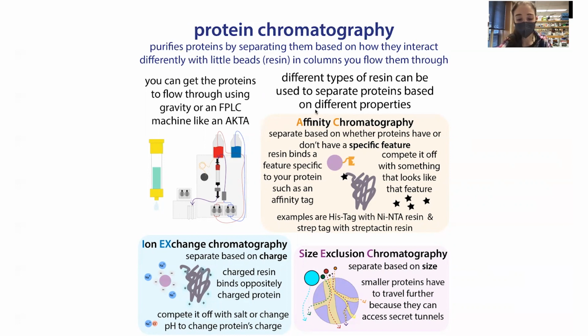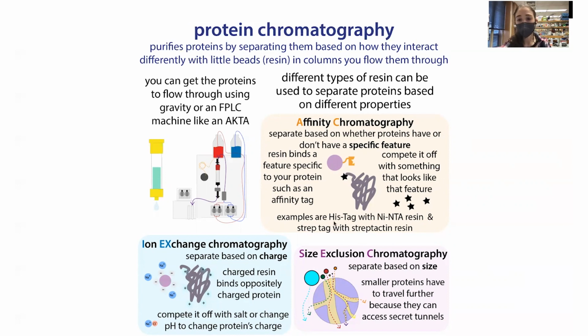Typically we start with affinity chromatography. We use that tag to take advantage of it. The resin has something that binds to the tag specifically. So you let your protein bind, everything else flows through. Then you can peel it off with something that mimics the tag, but isn't on the protein.